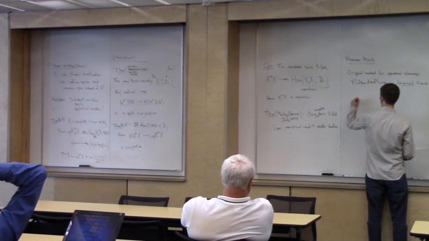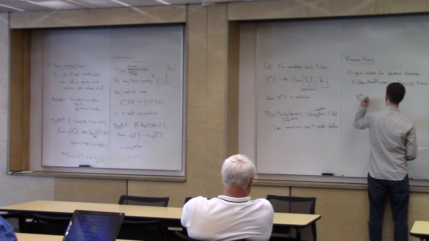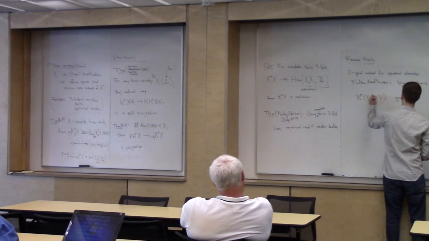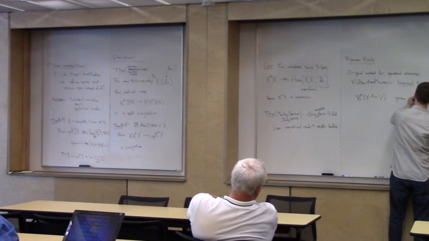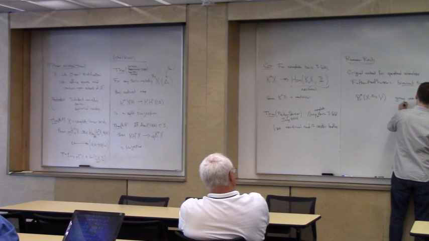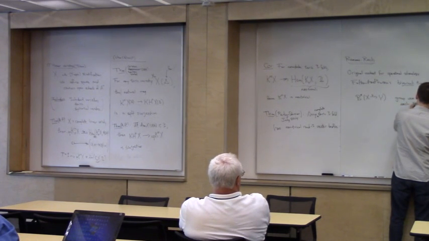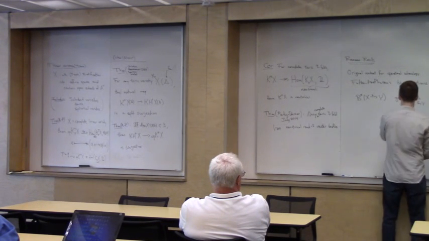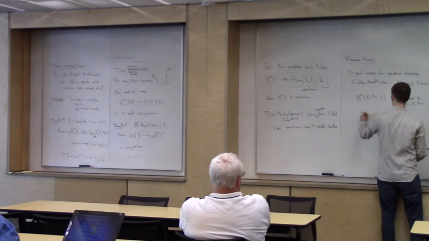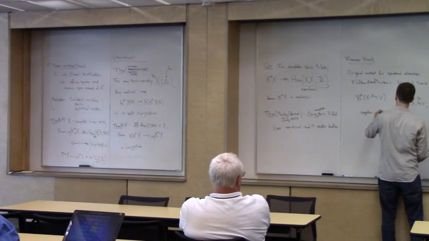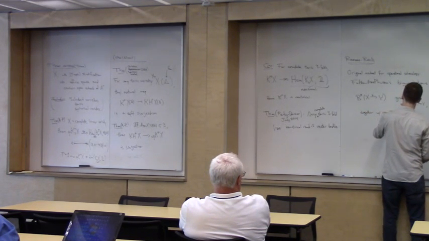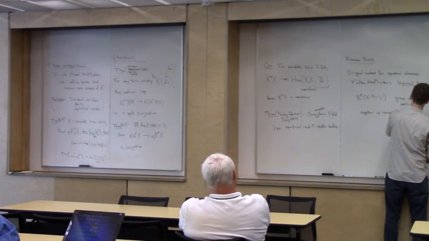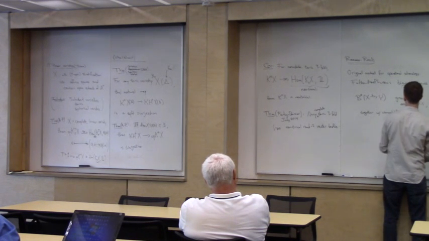A bivariant theory basically associates some kind of group, a group associated to each morphism in a category, together with some compatibilities, and operations like pullback, product, push forward, etc.